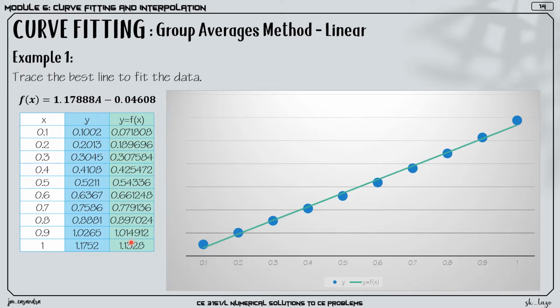So the green line now would represent the approximate line or the best line that would define the given x and y. So as you can see, there are small discrepancies in our graph.